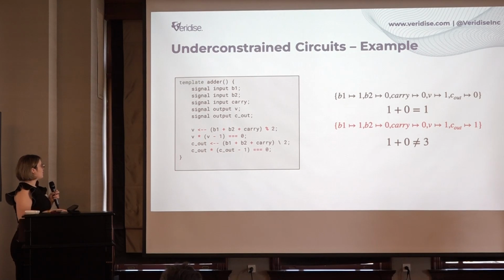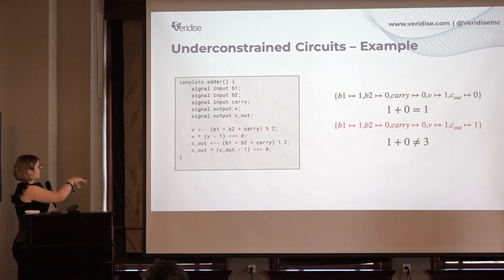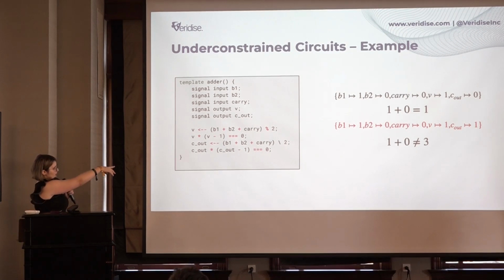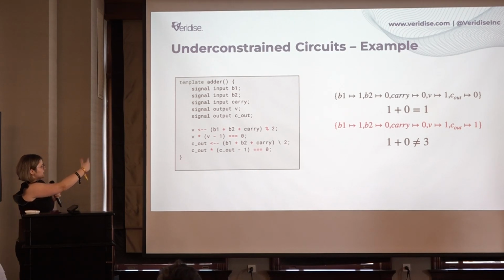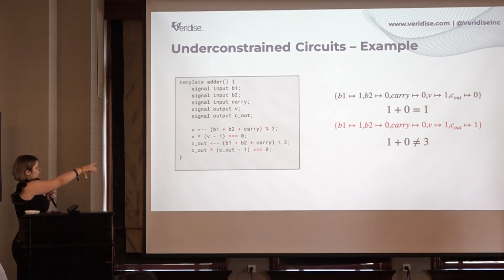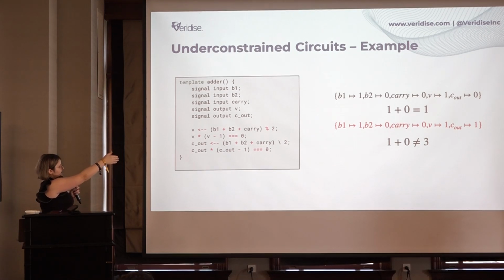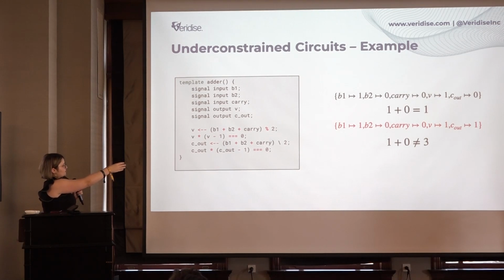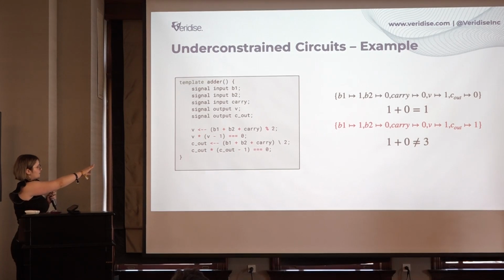So basically, we only check if these output signals are binary. We don't check anything about the addition, which is kind of wrong because we can send a proof that is actually wrong. So basically, we want to add 1 and 0 and add a carry.